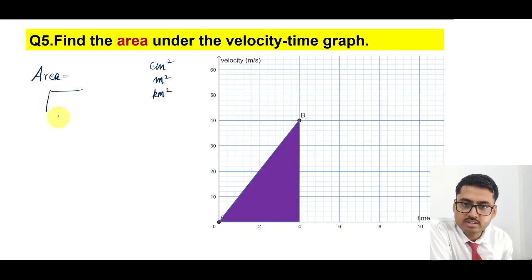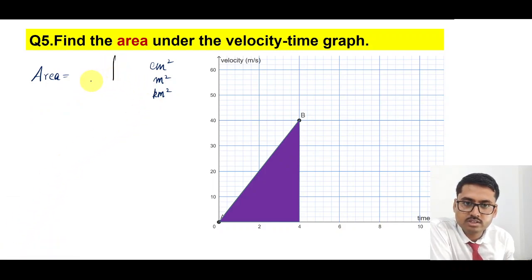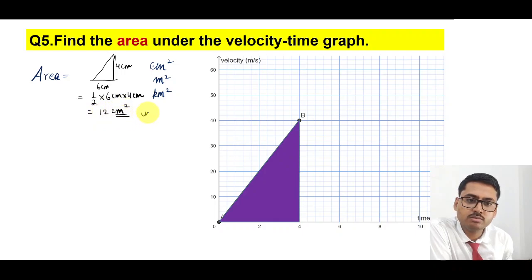Let's say I take a triangle of dimension 6 centimeter and 4 centimeter, then you know the formula, this is half into 6 centimeter into 4 centimeter. So this is 12 centimeter square. So the unit will either be centimeter square, meter square or kilometer square.